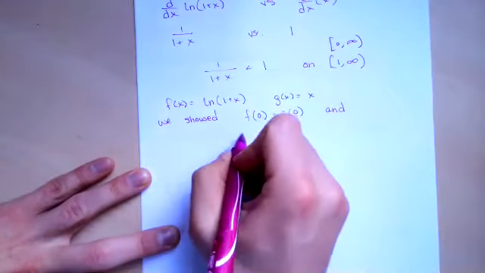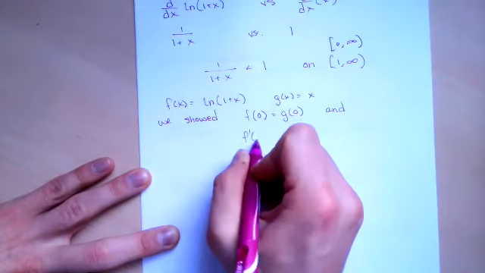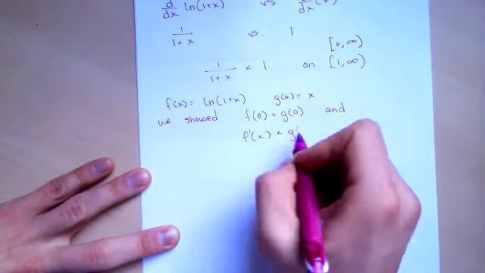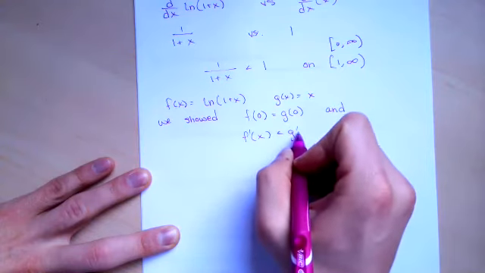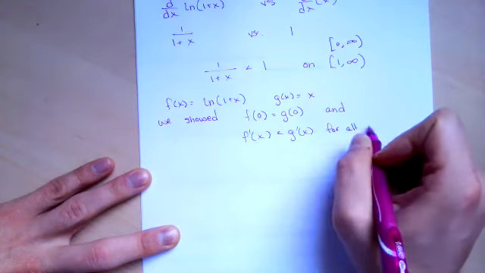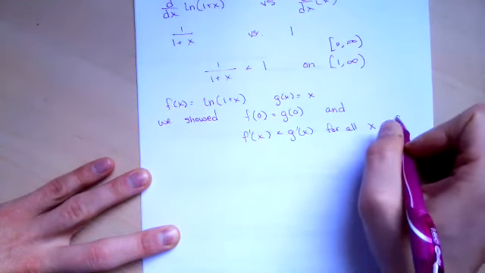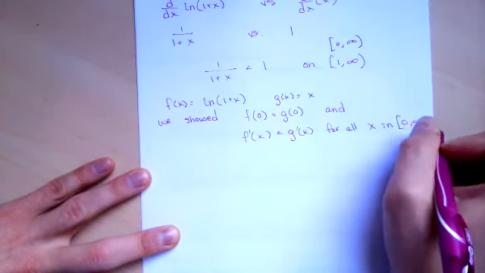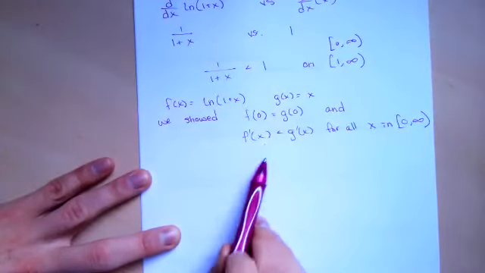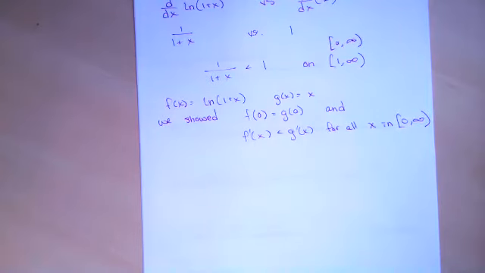And we showed that the derivative of the natural log function is always less than the derivative of my polynomial function beyond that point. So they match at 0, but beyond that, I know the derivative of f is less than the derivative of g.